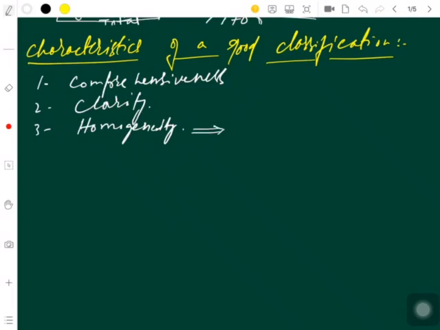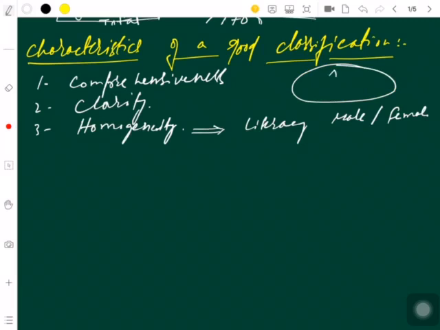So the data must be homogeneous. If it is about literacy, it must be male literacy, female literacy, and so on and so forth. The universe you are using, the things you are taking must be inquired about the same thing, or the sample. Even if you are taking a sample out of it, there must be homogeneity of the data.